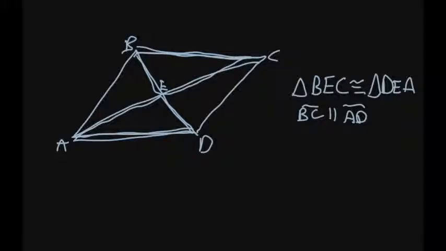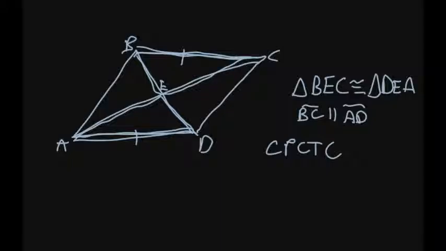Because those triangles are congruent, we know that AD and BC are congruent because of CPCTC. Corresponding parts of congruent triangles are congruent.